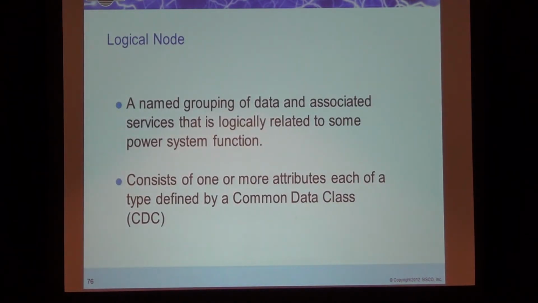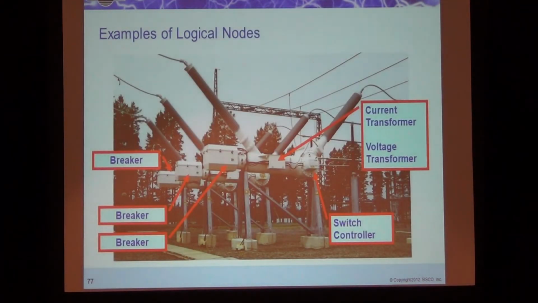So a logical node is really just a grouping of data associated to a power system function. The data itself is organized in what's called common data classes. What's a logical node? Breakers, current transformers, power transformers, circuit breakers, switch controllers.